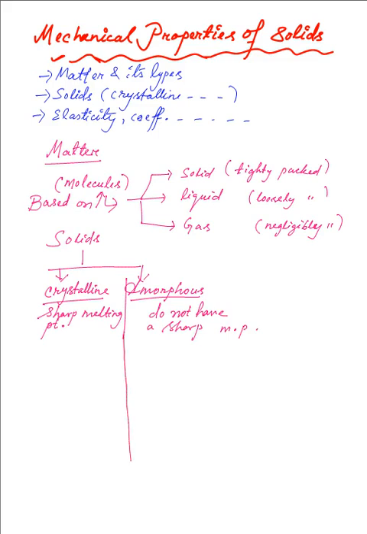The crystalline solids are anisotropic in nature, which means that the physical properties they possess are different in different directions.